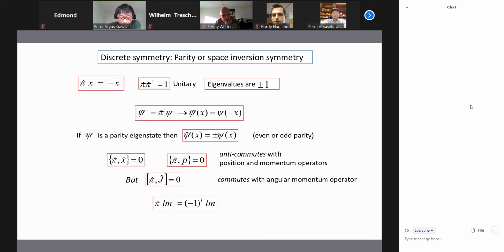So we call the operator pi, and we defined it like this here. So it changes the position eigenstates from x to minus x, and so this operator is unitary with eigenvalues plus and minus 1.